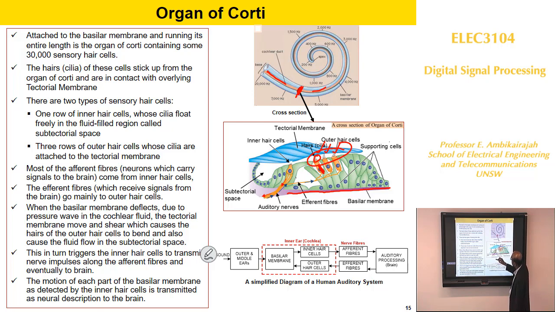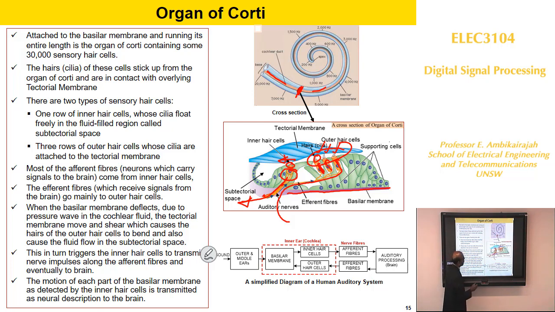These 3, the brain sends signal back to these hair cells. And this one is called the inner hair cells. This hair actually bends. When the basilar membrane moves upwards, the hair bends. And then when the basilar membrane comes back to the normal position, the hair comes vertical. And this is the one sending signal to the brain actually.